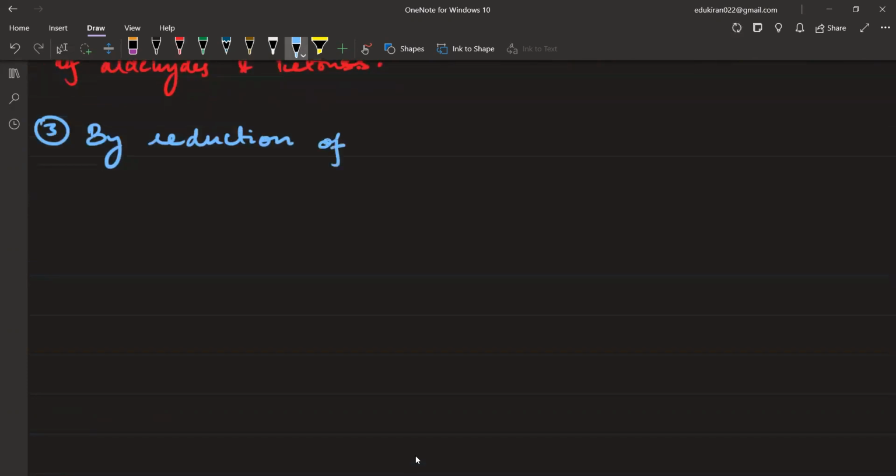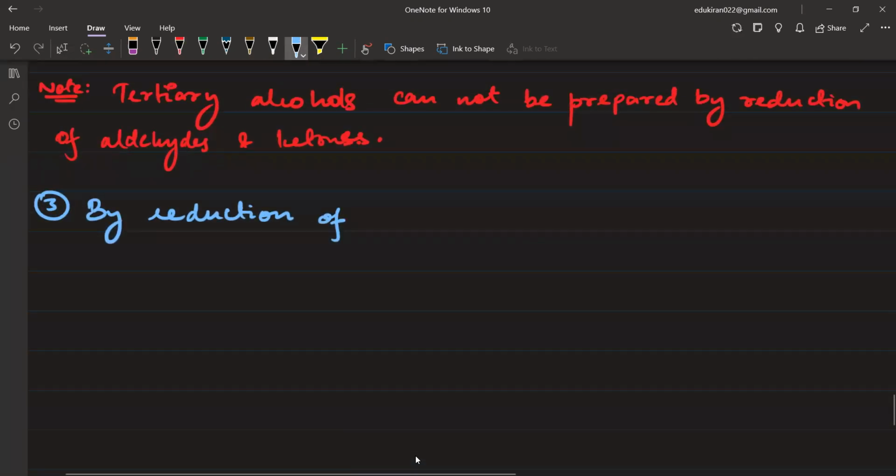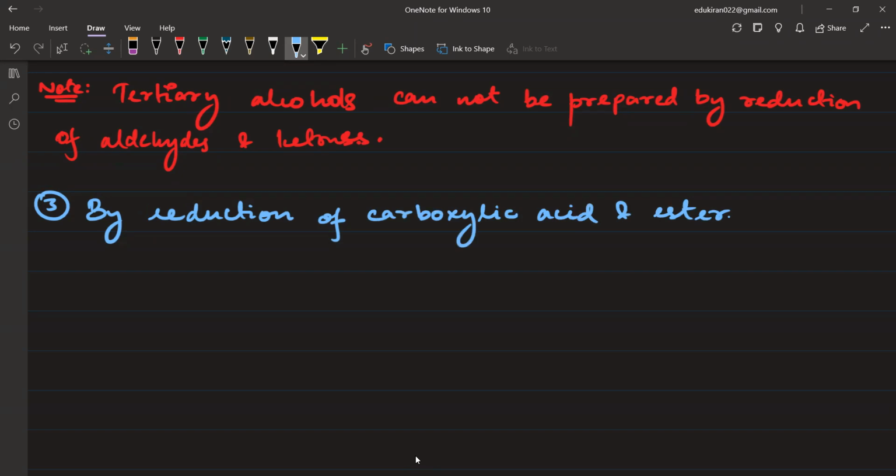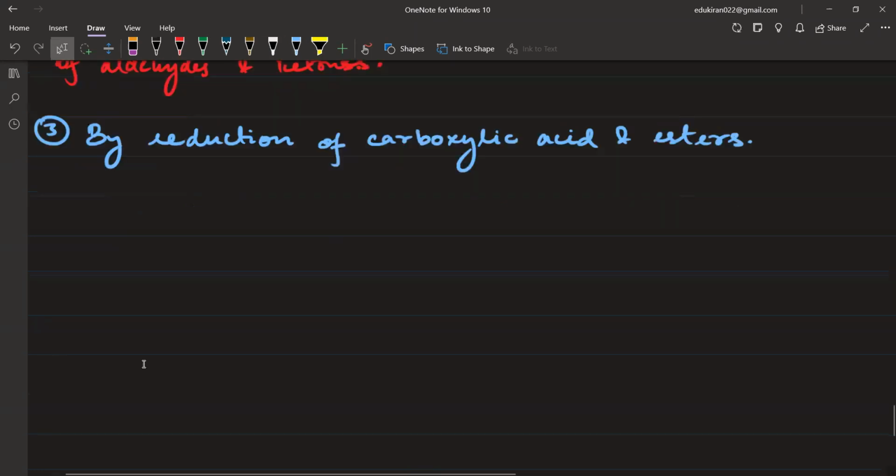So the last point was by reduction of aldehyde and ketones. Tertiary alcohols cannot be prepared by reduction of aldehyde and ketones. Okay, right, next. By reduction of carboxylic acid and esters. Right here.